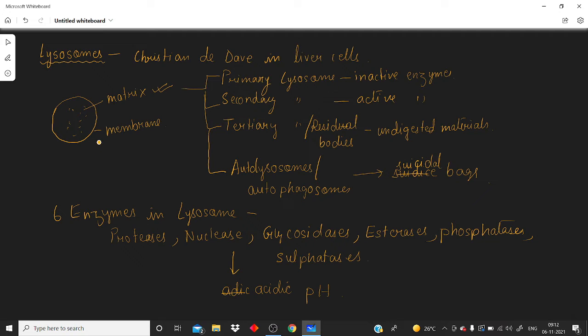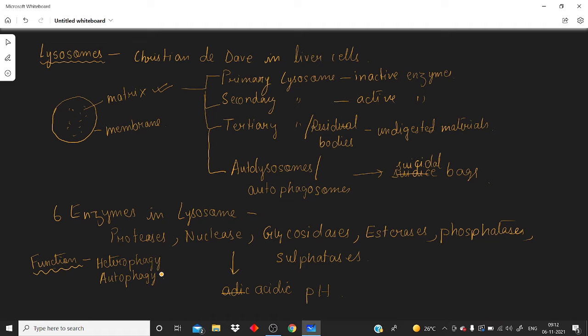If we talk about the function of lysosome, functions of lysosome we can write as heterophagy, which means digesting food from outside. Then autophagy, that is digestion of one's own reserved food.